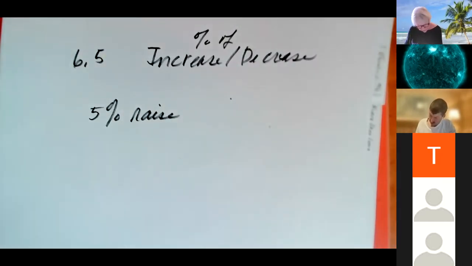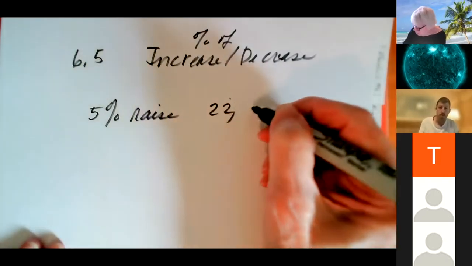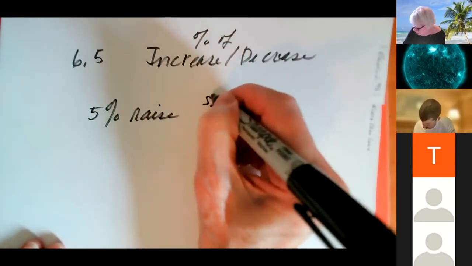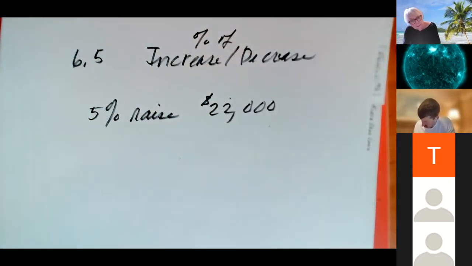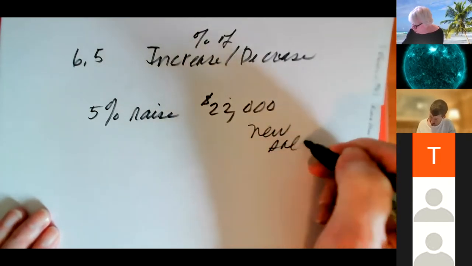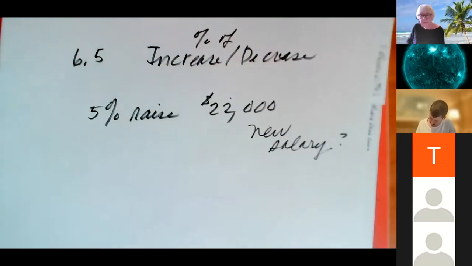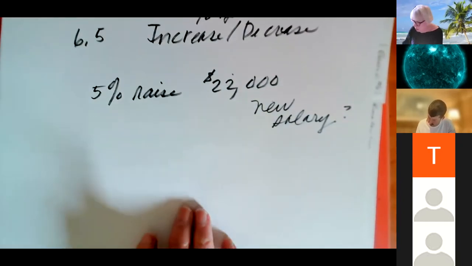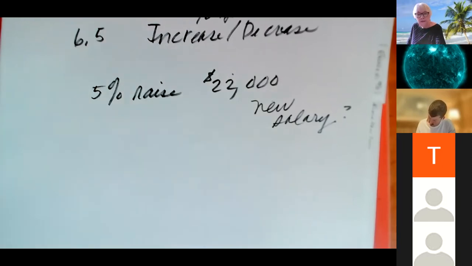I like it. And in this particular example, their salary was 22,000. Okay. So we're increasing the salary by 5%. The question is, what is the new salary? Okay, we want to know. And so we need 5%.